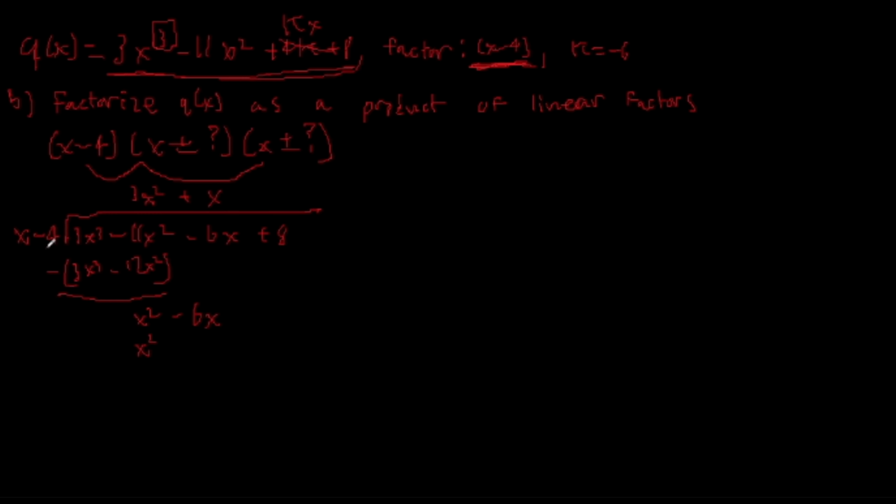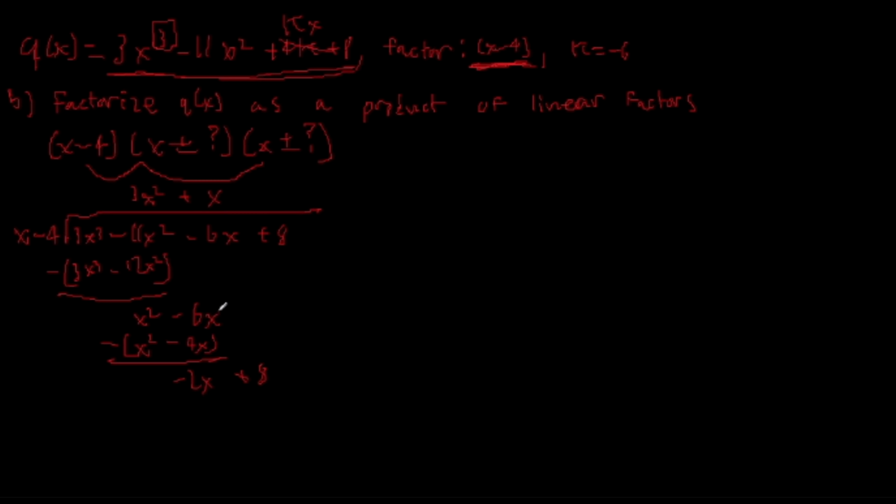And if we multiply negative 4 by x, that's going to be negative 4x. And everything is multiplied by a negative because we're subtracting. So the x squareds will cancel out, and you'll have negative 6x plus 4x, which is going to be equal to negative 2x. Now we bring down the 8, that we have plus 8.